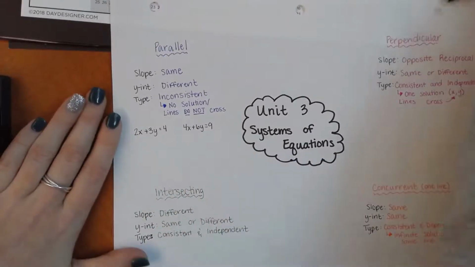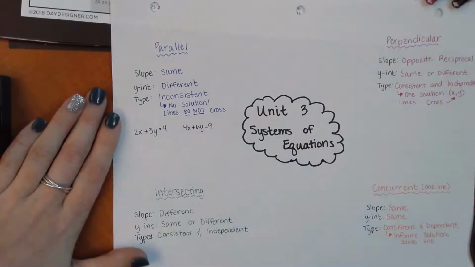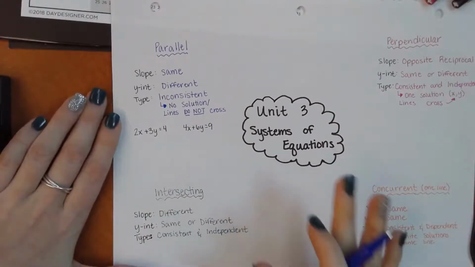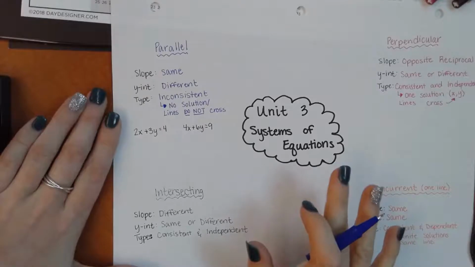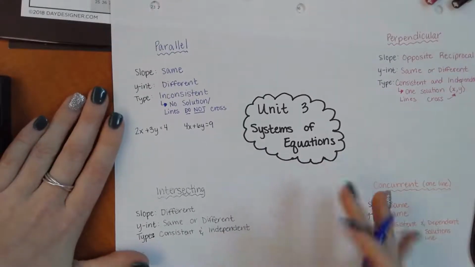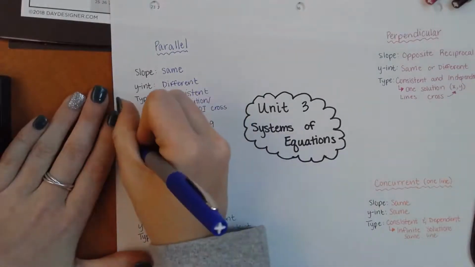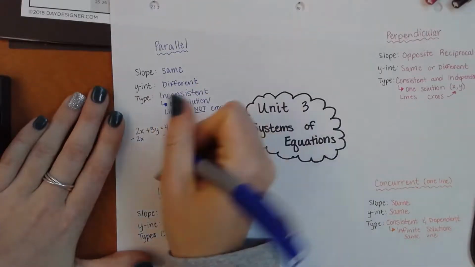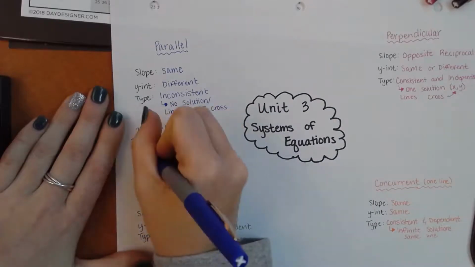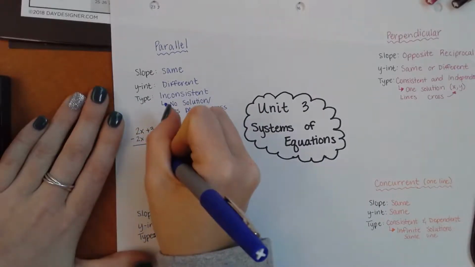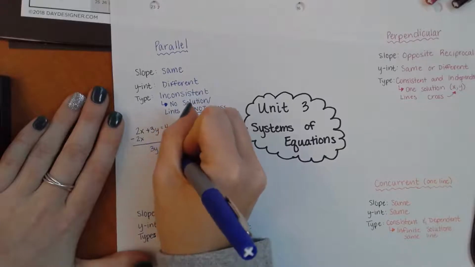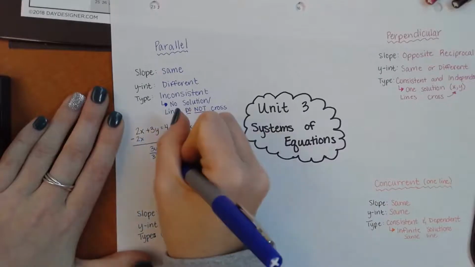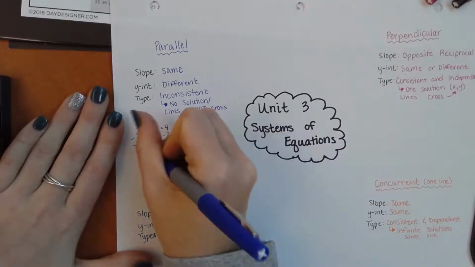When you are given examples like this, you are going to want to always get them in the same form, y equals mx plus b, meaning that we need to get y all by itself. So I'm going to start by subtracting 2x on both sides, and then I'm going to divide everything by 3.